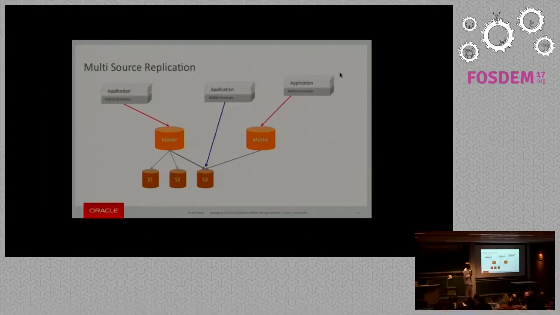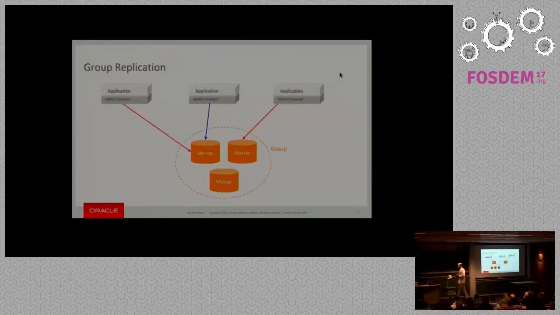There is no conflict resolution. If you use this, we assume you know what you are doing, right? So basically you can use this for aggregation or backing up several masters at the same time, stuff like that. And again, writes go to the master, reads go to the slaves, so business as usual.